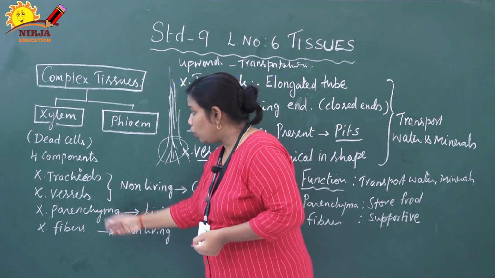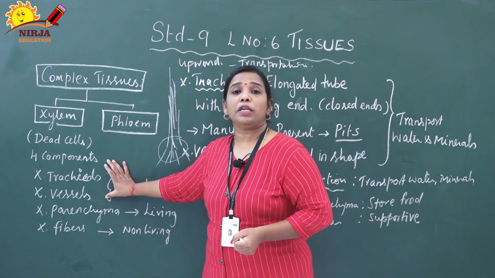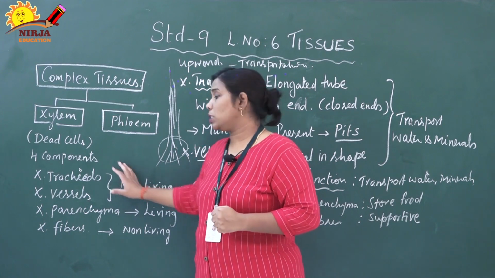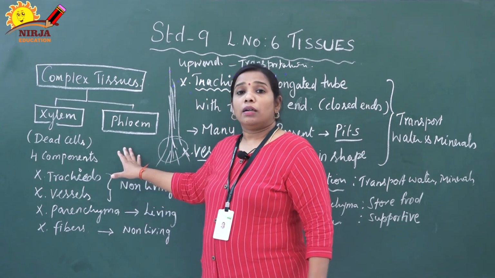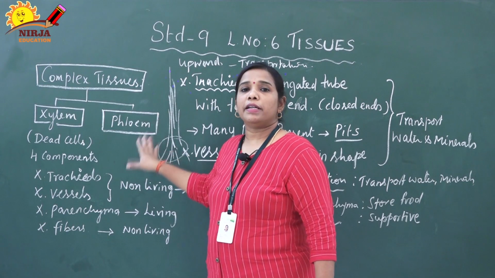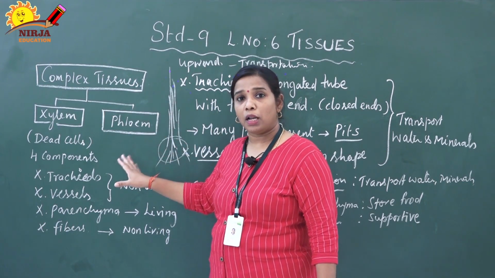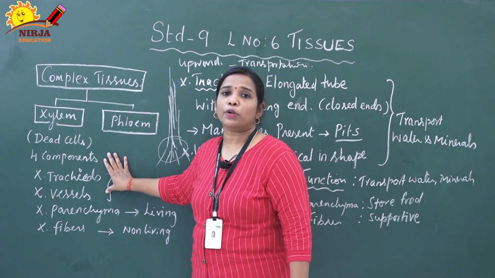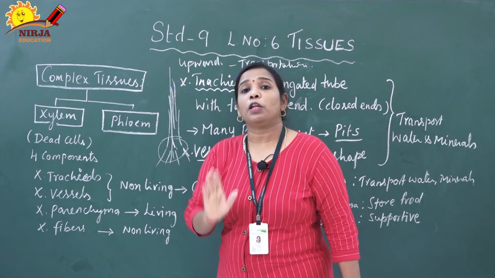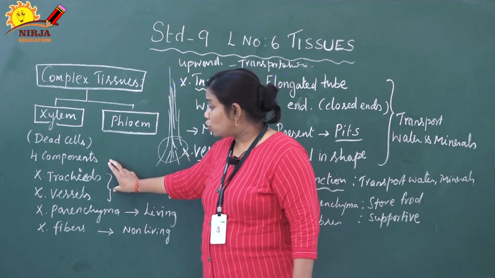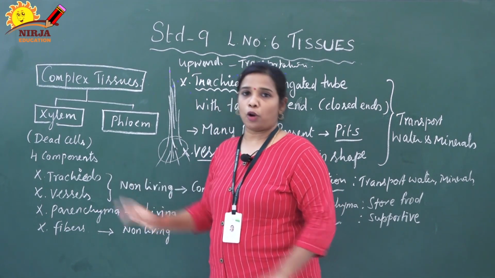Compared to the other two, these two are very important components of xylem. Why? Because with the help of these two components only, xylem transports water and minerals to other parts of the plant body. That is the reason these two components are very, very important.